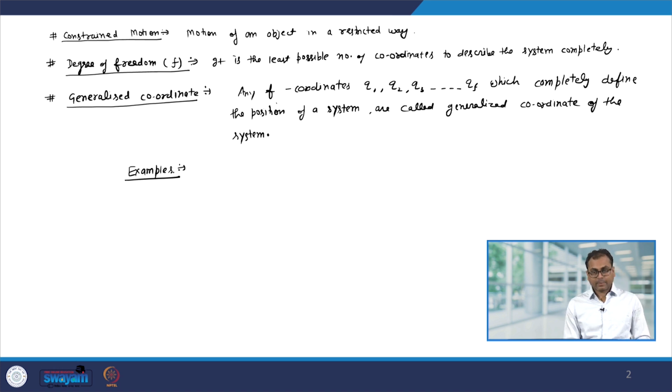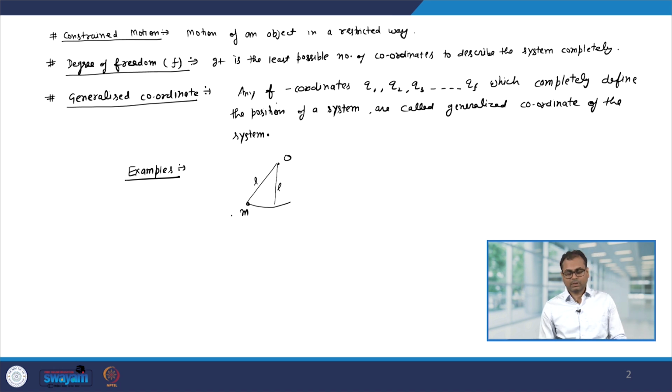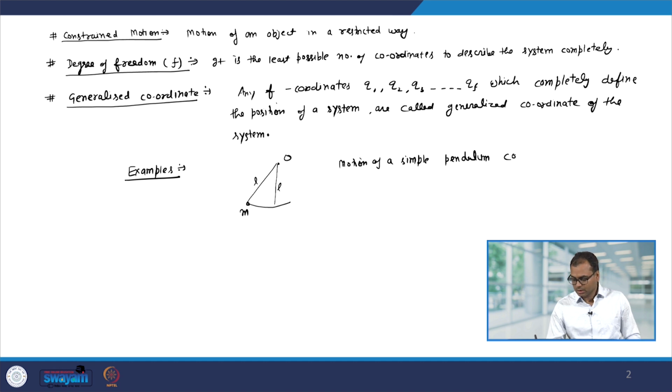So, let us say I have a simple pendulum and let us say this pendulum is suspended from point O and the length of the string is L. The mass of the particle that is attached to it is m. This is just the example of the motion of a simple pendulum which is confined to move in the vertical plane.